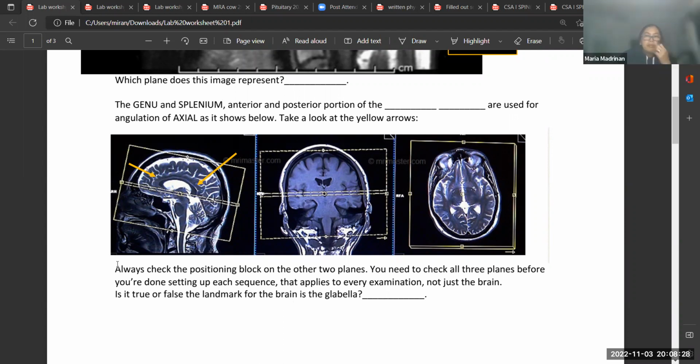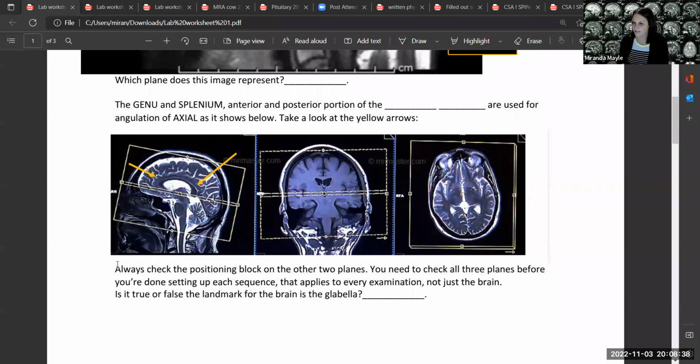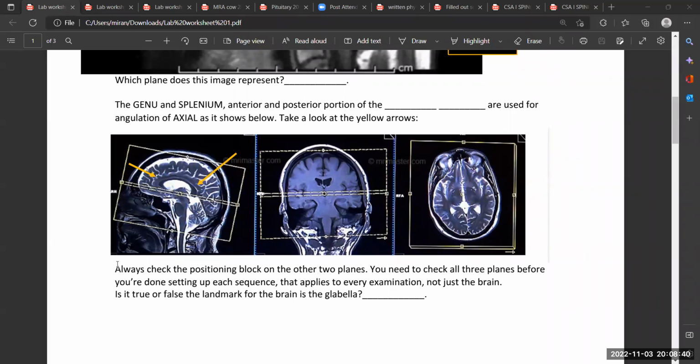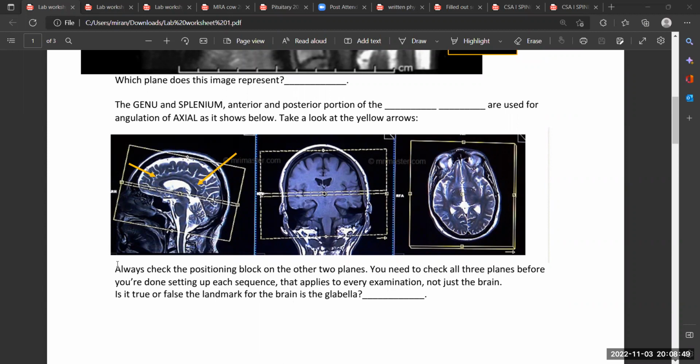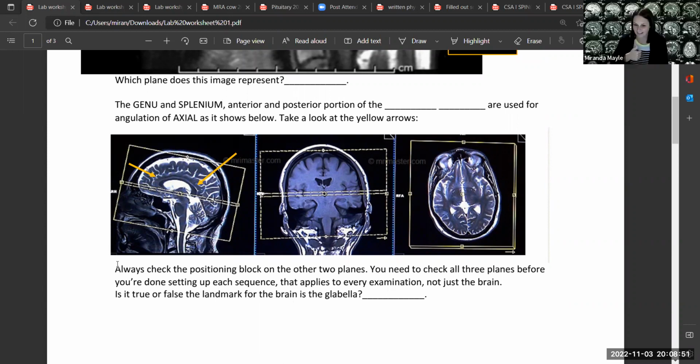Glabella. What's the landmark for an MRI orbit? Glabella. Do you see where we're going with this? What's the landmark for an MRA circle of Willis? Glabella. Everything in the brain, it does not matter. If it is contained in the skull, your landmark is the glabella, okay? Everybody's got that now, right?